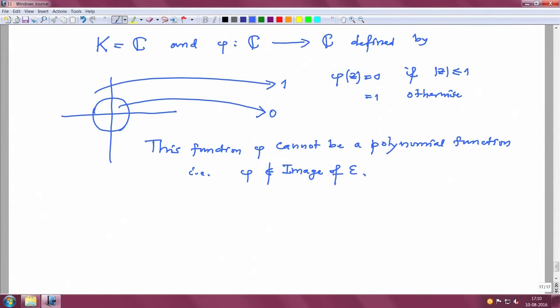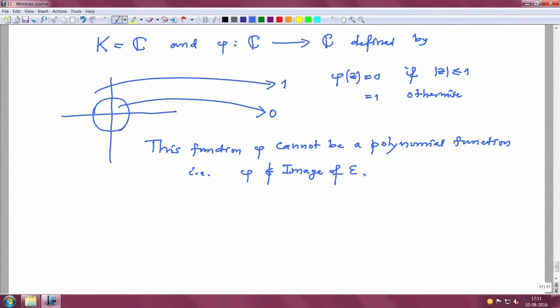The image of epsilon is precisely the polynomial functions. Why is that? Because you see the whole disk is mapped to 0. A disk has infinitely many complex numbers. So, if it were a polynomial function, it would vanish only at finitely many points. But this function vanishes at uncountably many points. So, this cannot be a polynomial function.